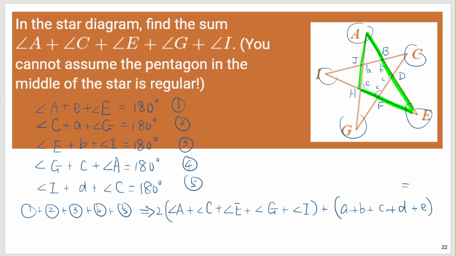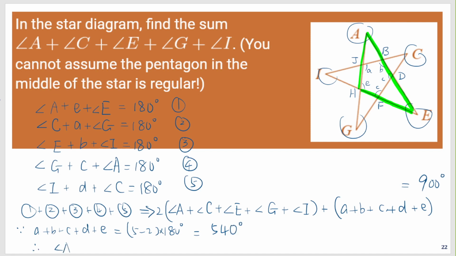And this equals 180 degrees times 5, which gives us 900 degrees, right? Again, because we know A plus B plus C plus D plus E is the sum of all the interior angles in the pentagon, which is 5 minus 2 times 180 degrees. Sorry, which is 540 degrees, right?